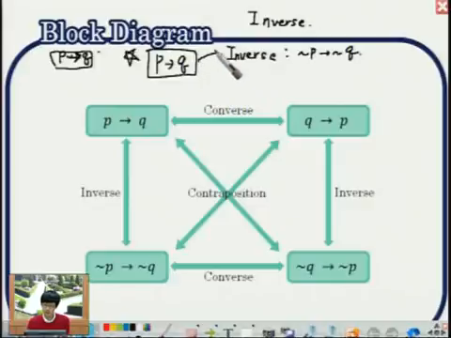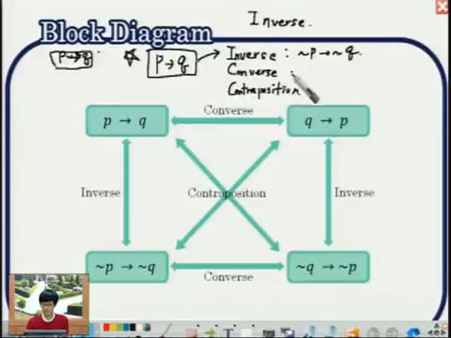This is the inverse of this proposition, and we have converse and the contraposition. Okay, converse is switching the assumption and the conclusion. So the converse of P to Q is Q to P. And the contraposition is doing both of inverse and converse.